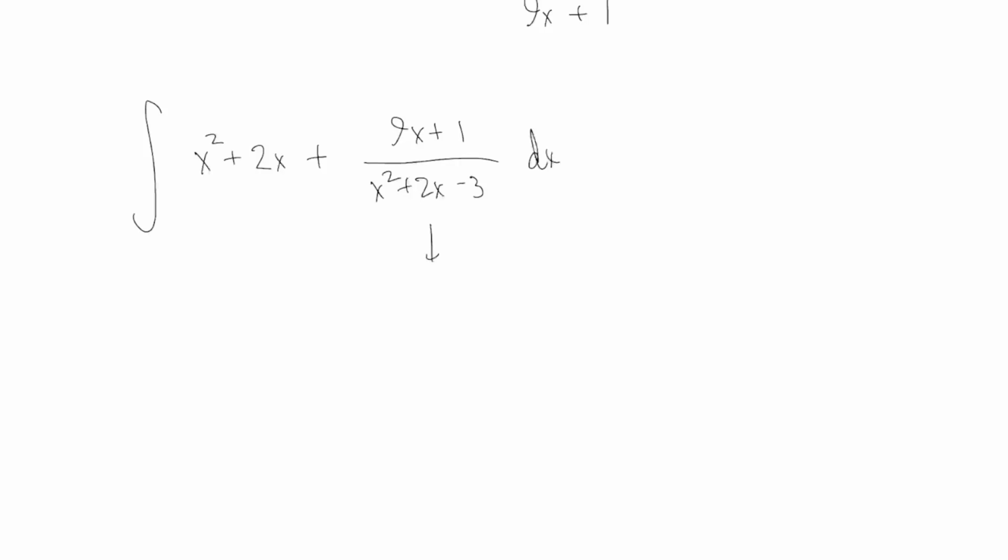So this part I write as A over, factoring this, I believe it's x plus 3, and B over x minus 1. I'll do it this way around, A on the plus 3. If you choose it the other way around, everything will be slightly different.